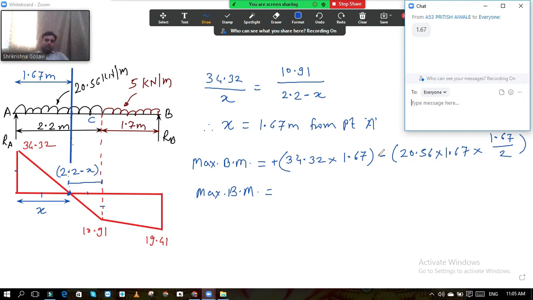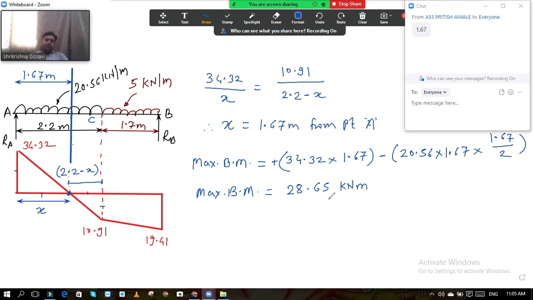What is the answer? It is 28.65 kilonewton meter. So this is the bending moment. Now we have got the maximum bending moment.